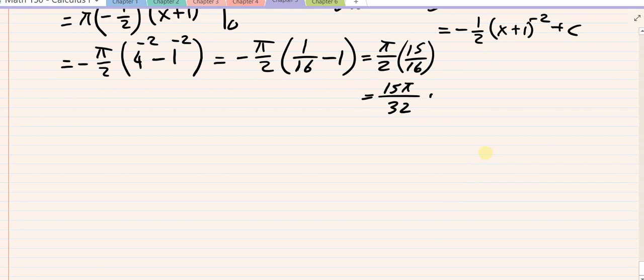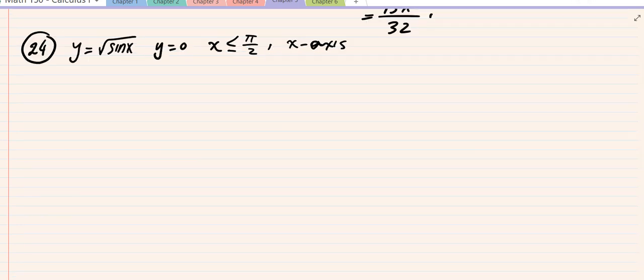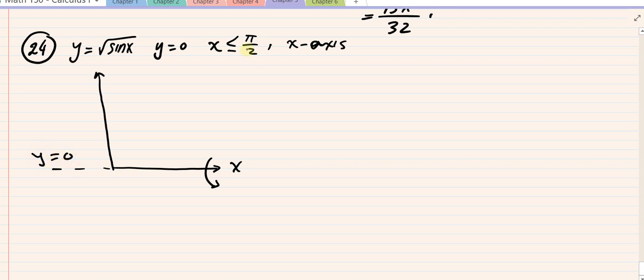Let me grab the next one. Okay, so in number 24, let's graph this one. Now, for y equals sine x again, let me do that in a moment. But y equals 0, that's just the x-axis, right? Y equals 0 is the x-axis. So this is y equals 0. And then x less than or equal pi over 2, call this pi over 2.